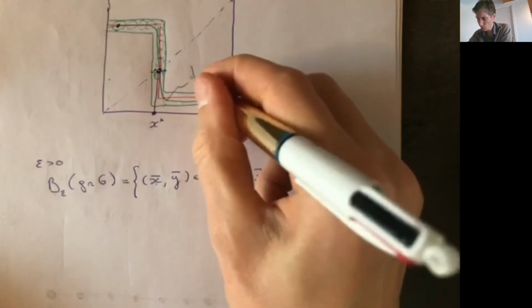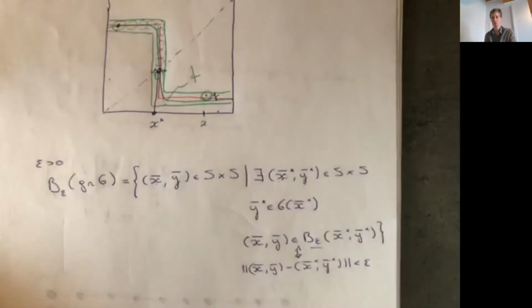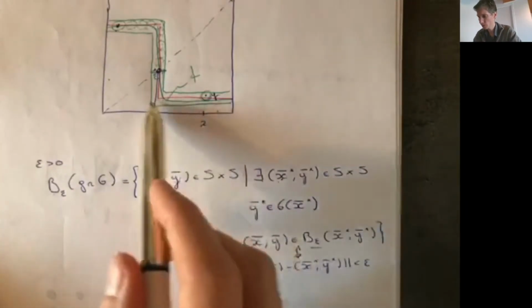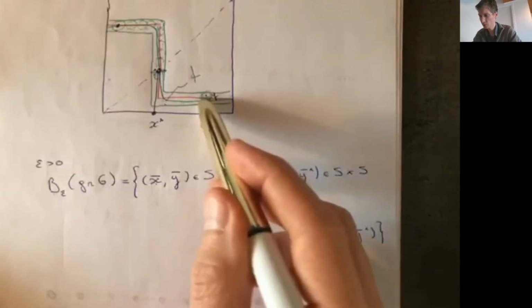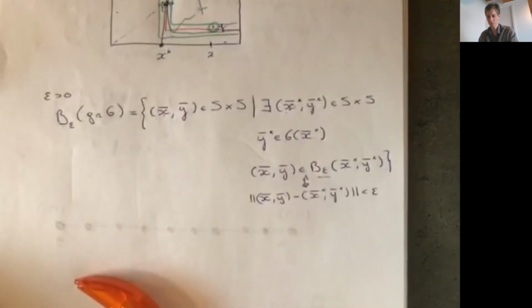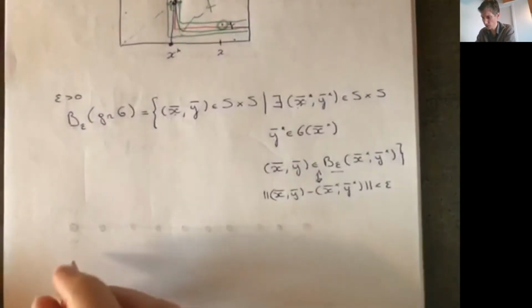If I draw a ball of radius epsilon around this, then I will hit the red curve. There will be something on the red graph correspondence, the red one here, that intersects this ball of radius epsilon around this point.